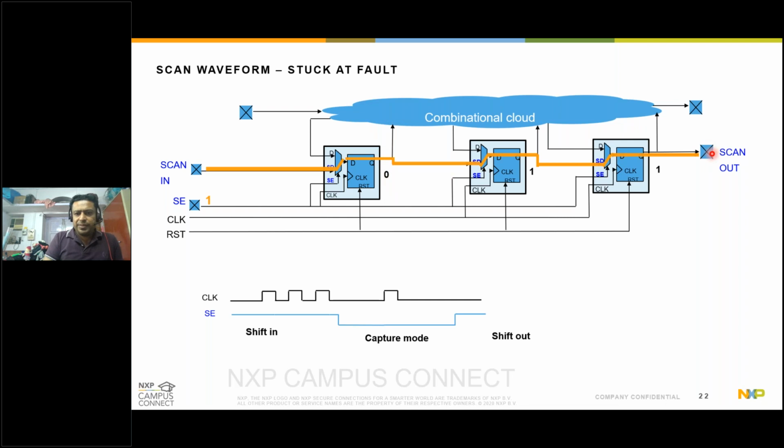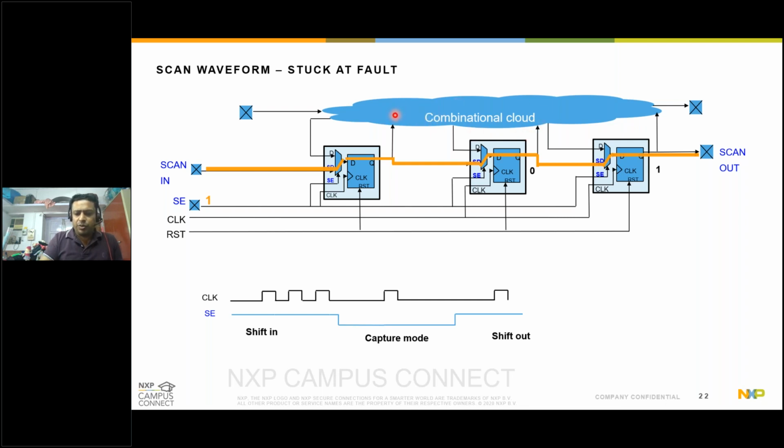In these 3 clock cycles, my captured response can be shifted out and observed on this primary output. If I compare this response to the expected response, I can see whether any defect is present in my combinational cloud or not.